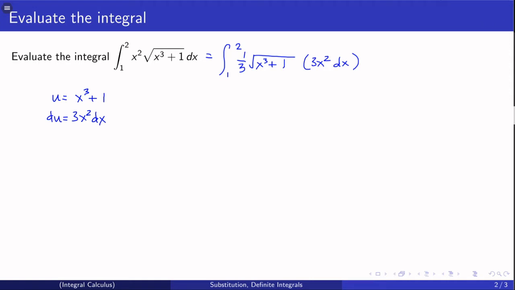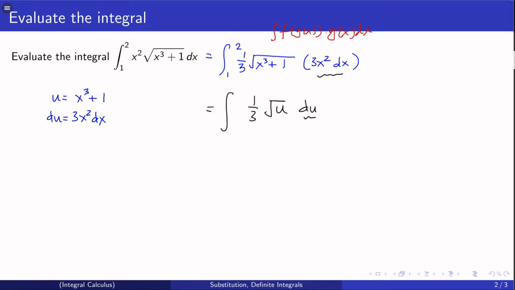Now that you've written your integral in the form of f of g of x times g prime of x dx, this g of x is our u. Now we can proceed with the substitution. This becomes 1/3 square root of u times du, right? So that whole thing becomes du.